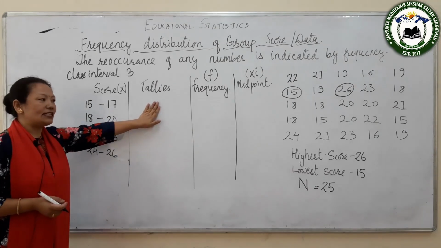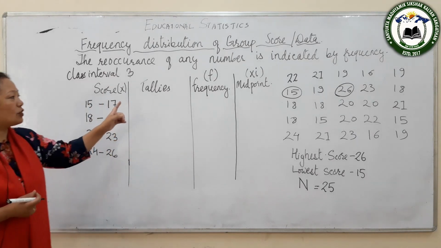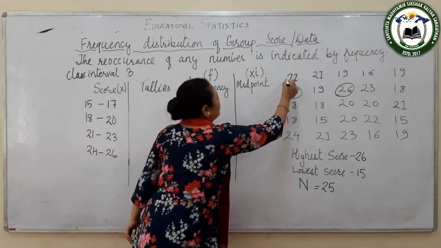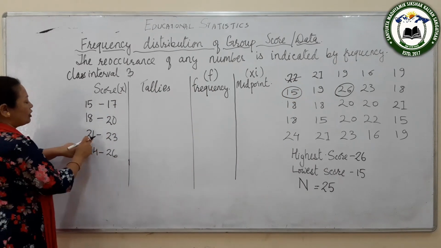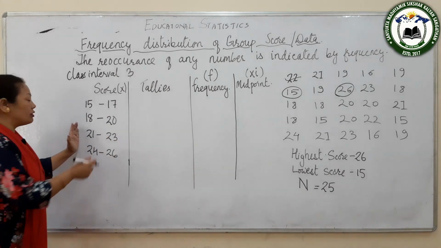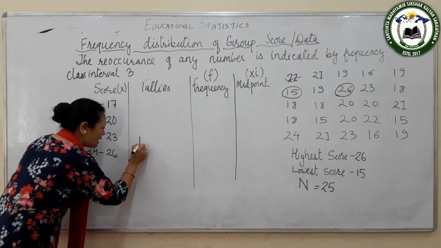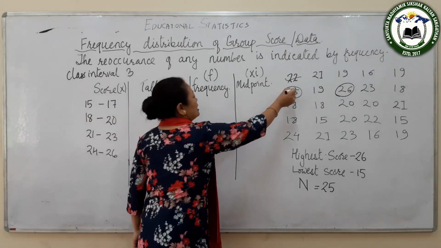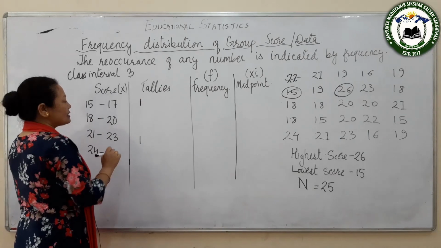Now again we need the tallies. In the similar way to what we did in the first isolated score, we will first take the number 22 again. That number falls between 21 to 23, which means the numbers between 21 to 23 are marked by a tally in this category. So 1. Likewise 15, the next number, falls in this category.